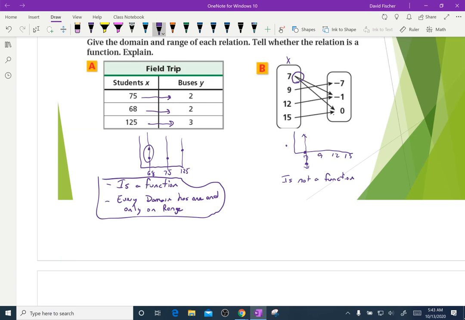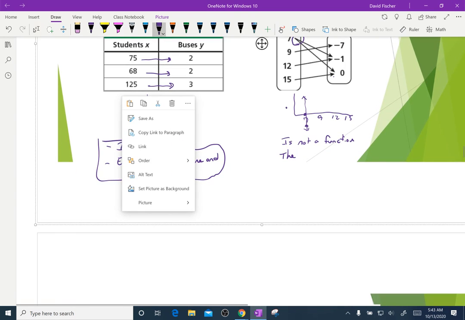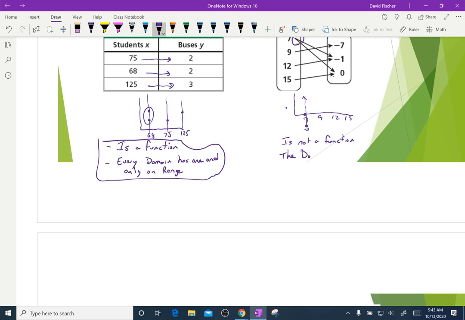Now we have to explain. It'll probably be better to say the domain of 7 has 2 ranges.